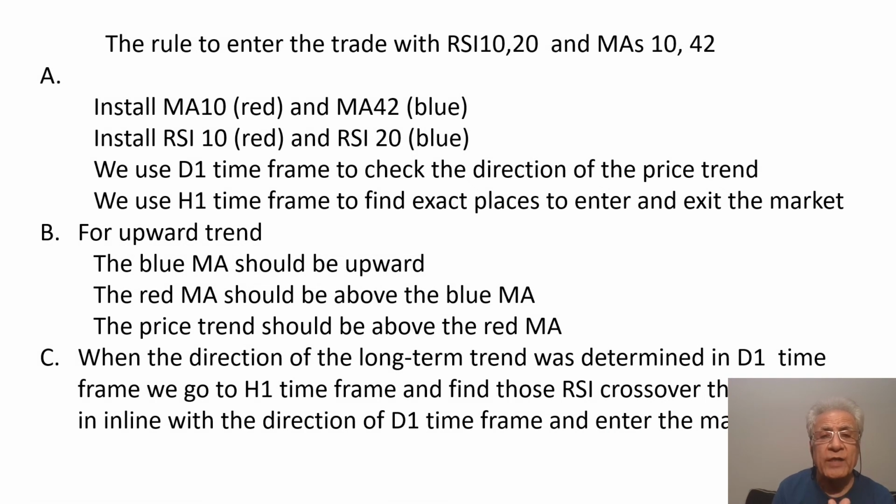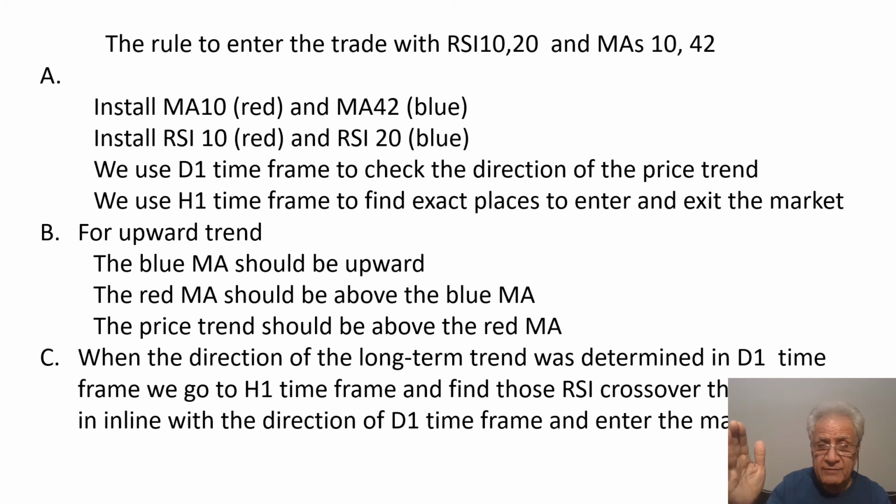Now, the rule to enter the trade with RSI and MA: first, install 2 MAs. Second, install 2 RSI. We use the D1 time frame to check the direction of the long price trend. We use the H1 time frame to find exact places to enter and exit the market.